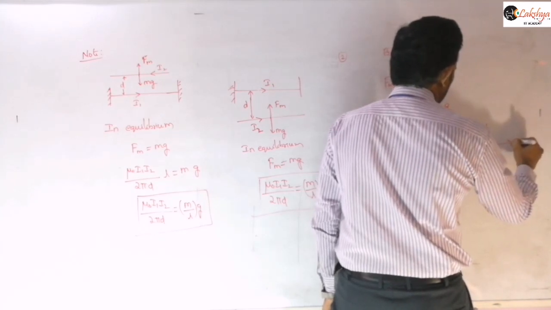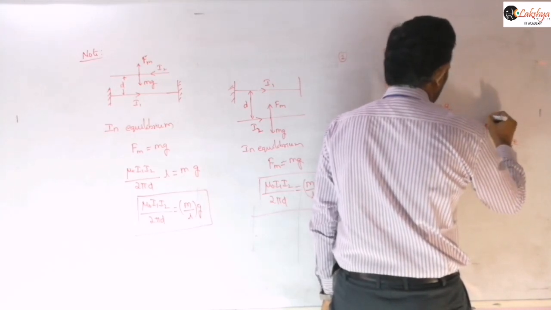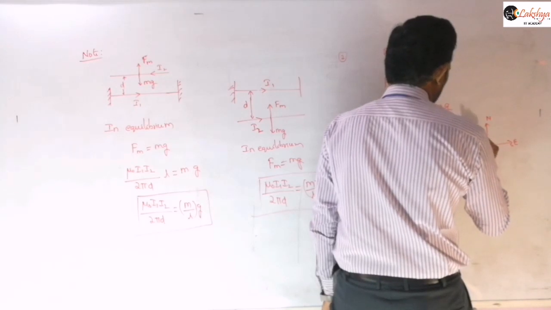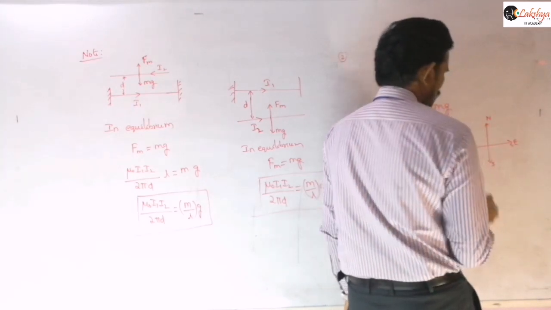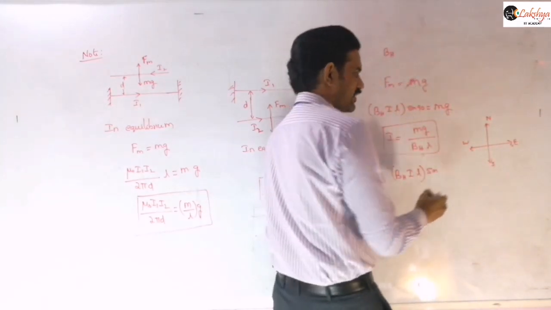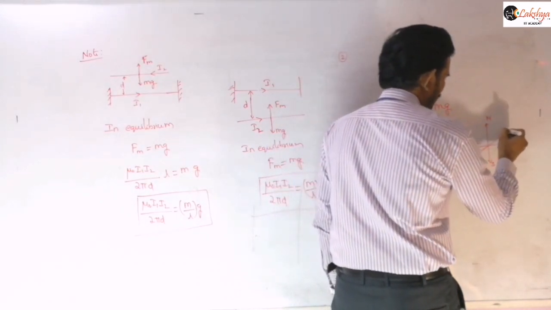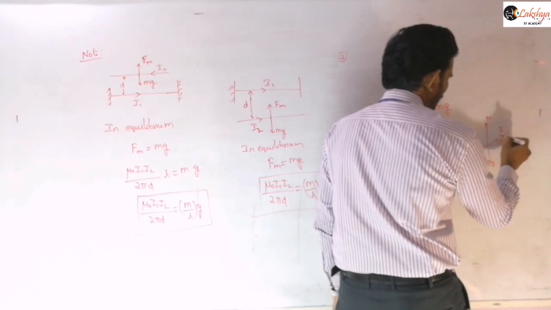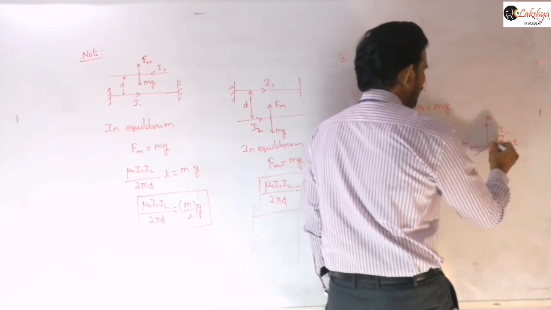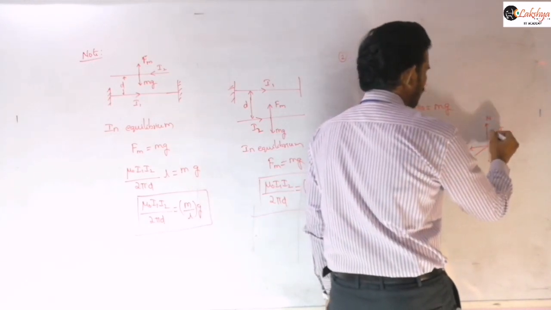So see here, this is the east direction and this is the north direction, west and south. Now here, what I mentioned is the current carrying conductor is placed like this. This is a current carrying conductor here. It is making an angle theta. Now our BH direction will be along this direction here.